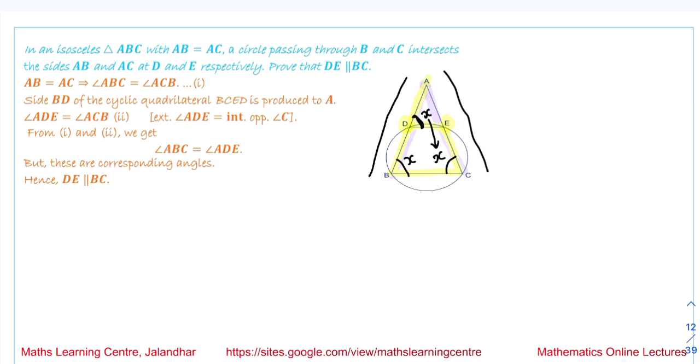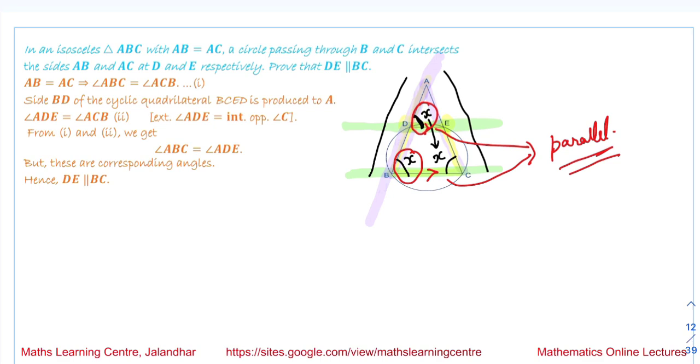Now look at these two lines, BC and DE. For these two lines, AB is the transversal. These two angles are equal, they are corresponding angles, and if corresponding angles are equal, it means DE and BC are parallel to each other.